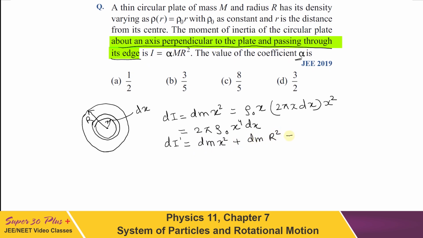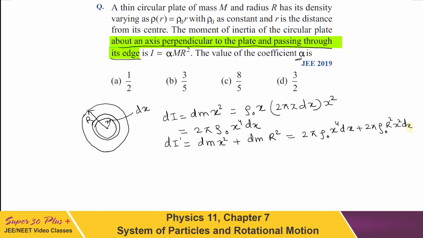So this value will be equal to 2 pi ρ0 x4 dx plus 2 pi ρ0 r square x square dx.